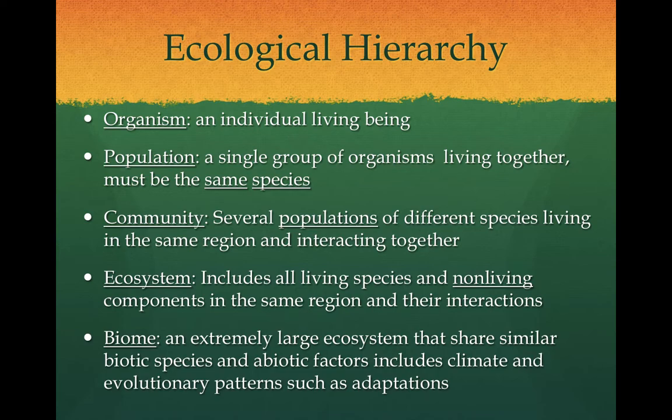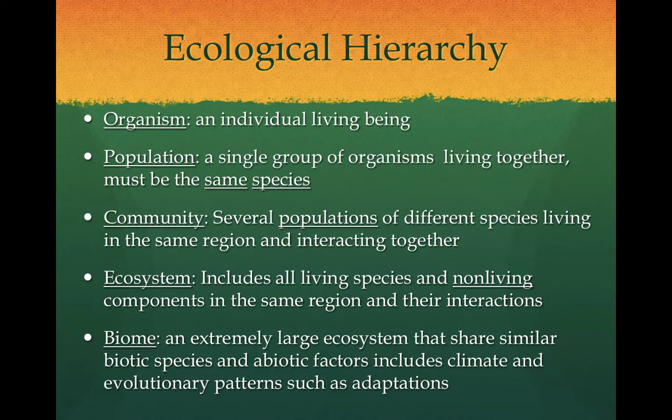A population is a single group of organisms of the same species living together. So if we ask for the population of Richland, we talk about the number of people that live there, but we could also find out the population of squirrels, the population of deer, the population of pine trees, oak trees, types of grass. That would be a population.